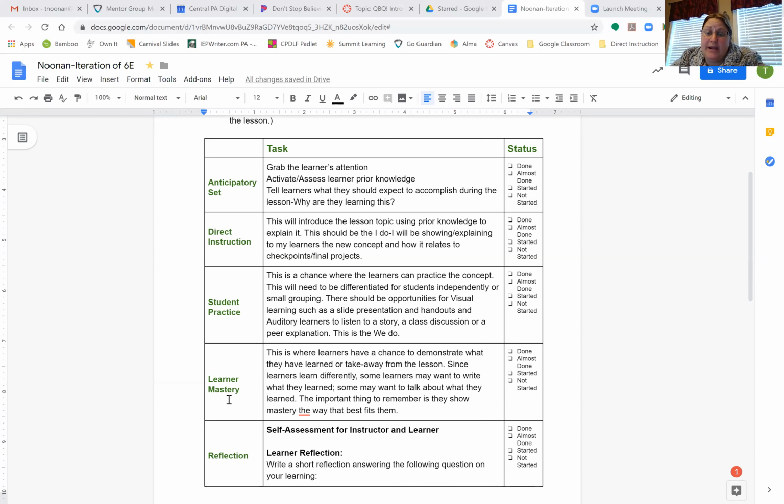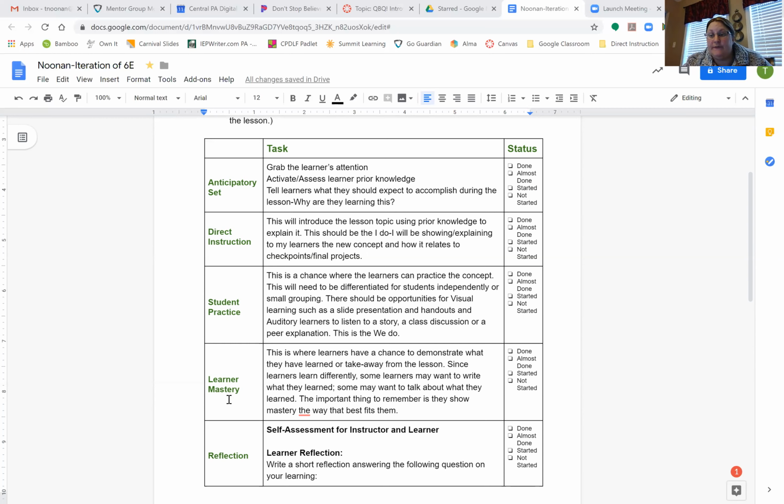So then the student practice is where they can practice the concept. Now, that doesn't mean I'm totally hands off. I need to still be in there. I've directed them, I've instructed them. Now we are going to practice together. And here again is where the read, watch, and do comes in, because they need differentiations.